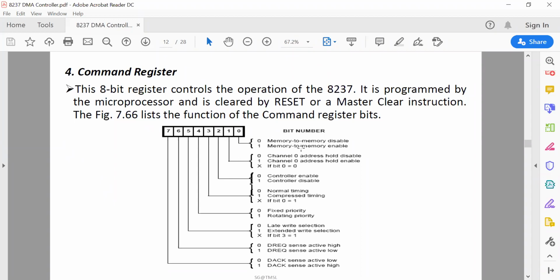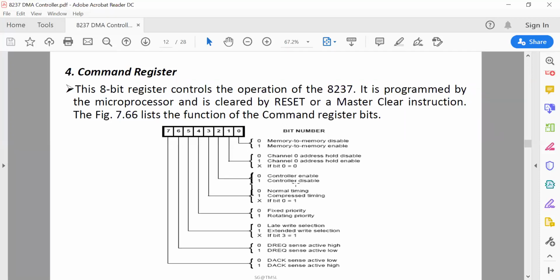It's an 8-bit register that controls the complete operation of the 8237 DMA controller. This can be programmed by the processor and cleared by a reset operation. So these are the specific functions which can be performed using this command register.